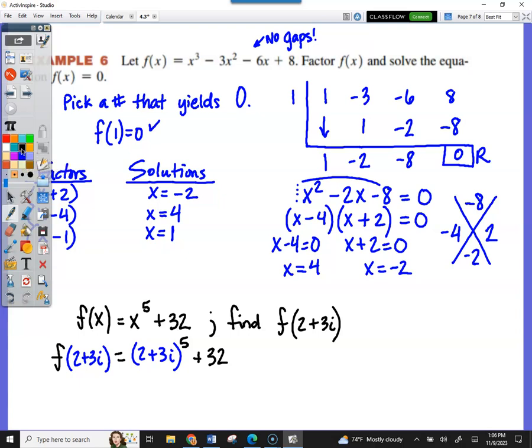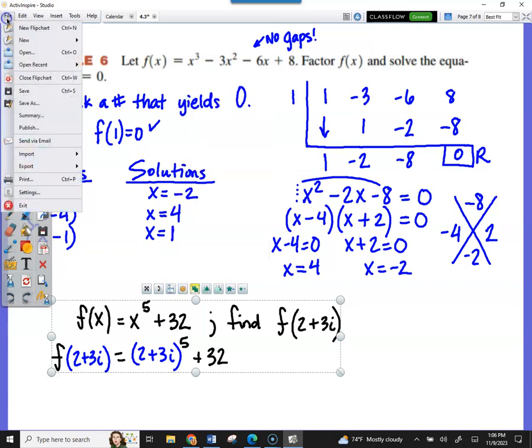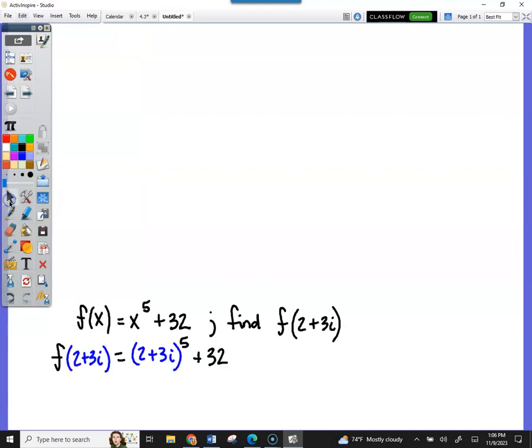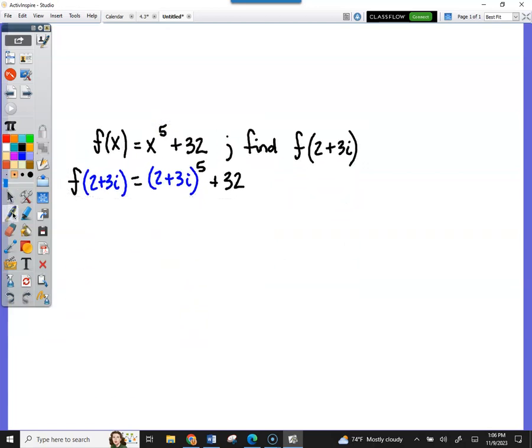I've run out of room, so give me a second to copy. There's two ways to do this, I think. I don't know if your calculator will work for this or not. Let's figure it out. You can do it on the calculator. You know how.